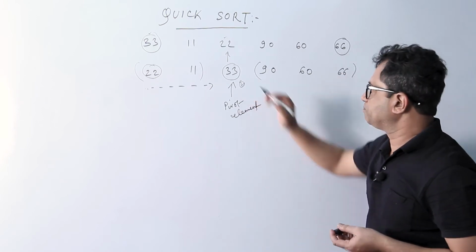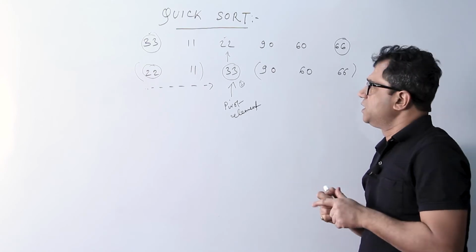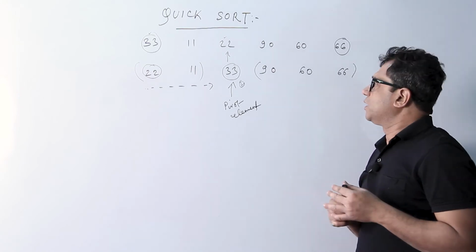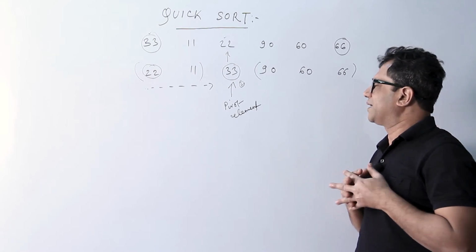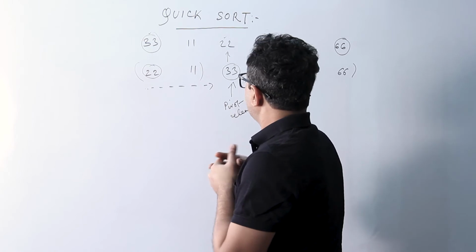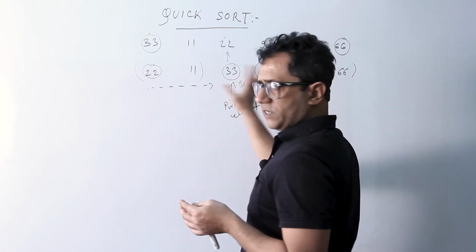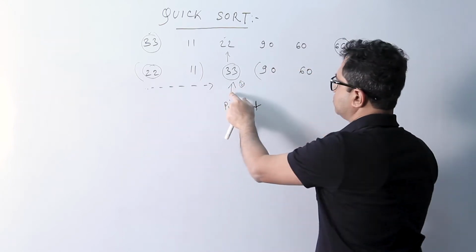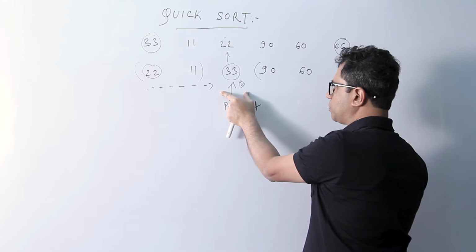Now, what we have to do, it is a recursive algorithm and it is a divide and conquer algorithm, in which we will approach in a recursive pattern, and recursive pattern will warrant something to be done on either of these 2 lists which have been created by placing this 33 in its proper position.